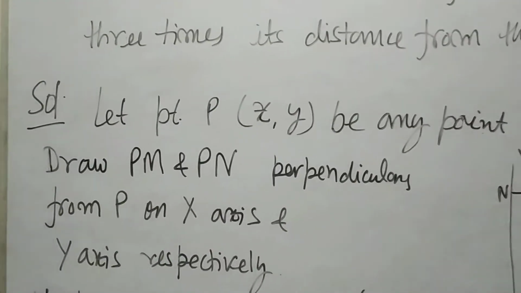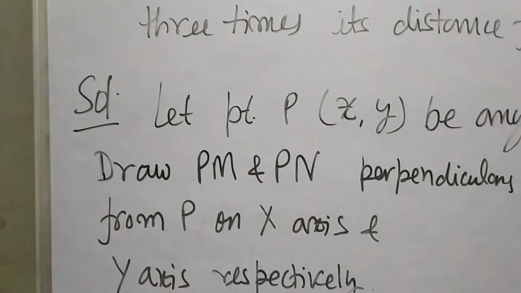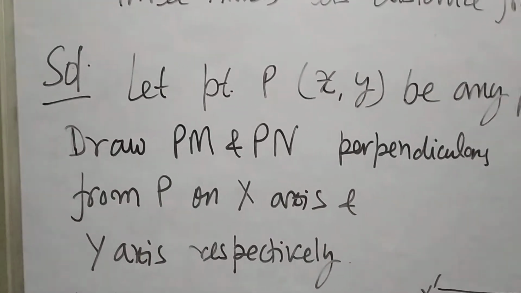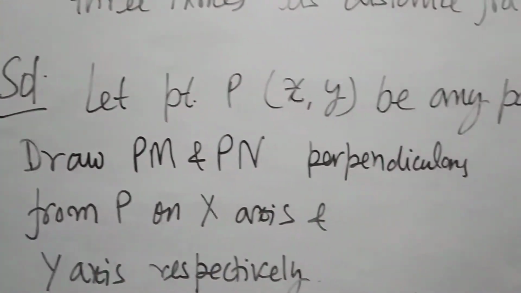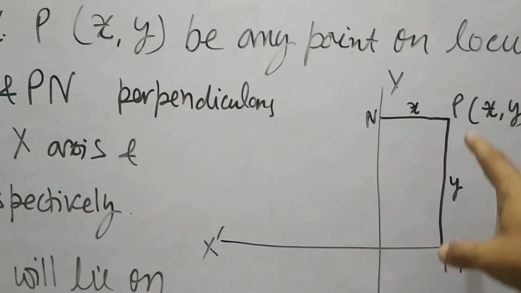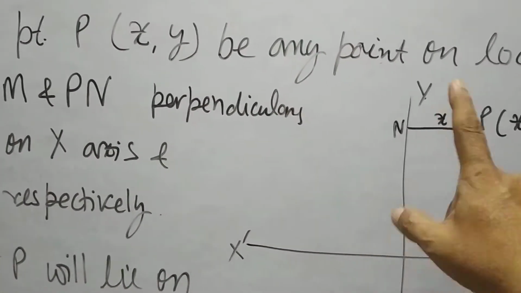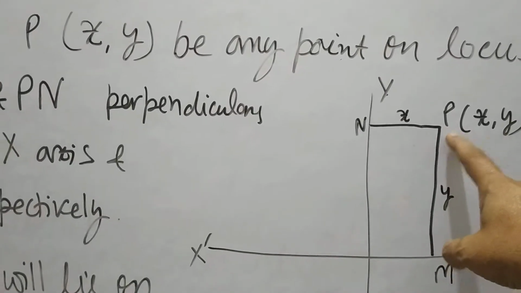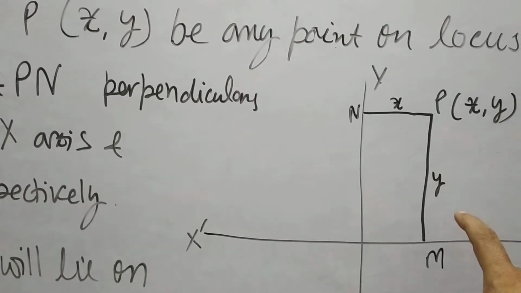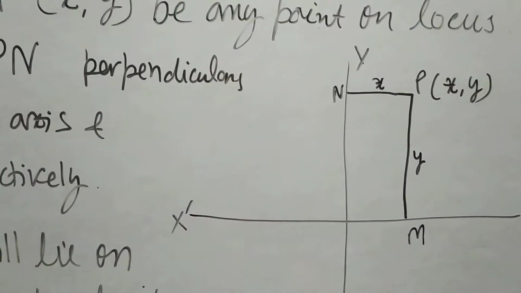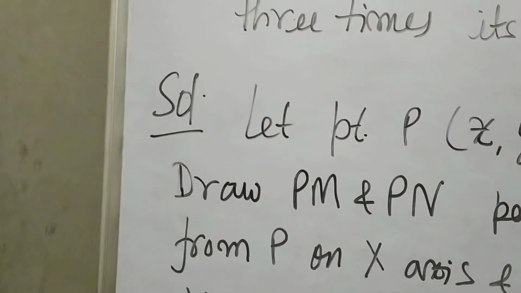So what we have to do is draw PN. We have drawn perpendiculars from P to N on the y-axis and from P to M on the x-axis.